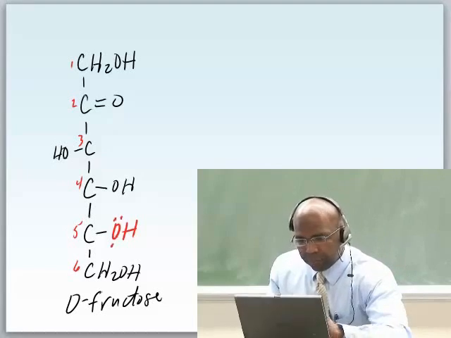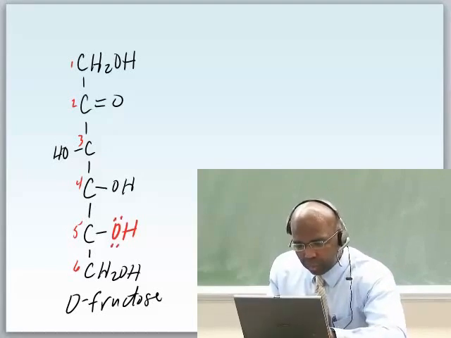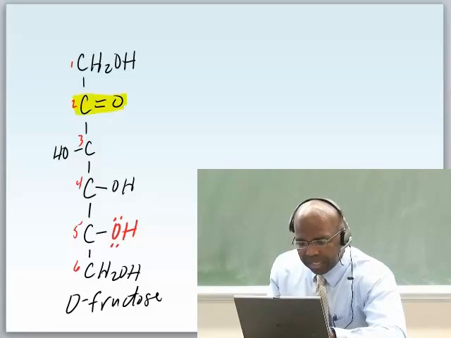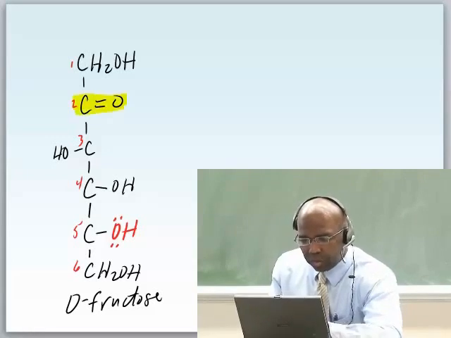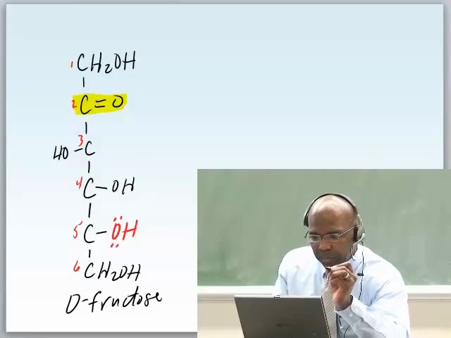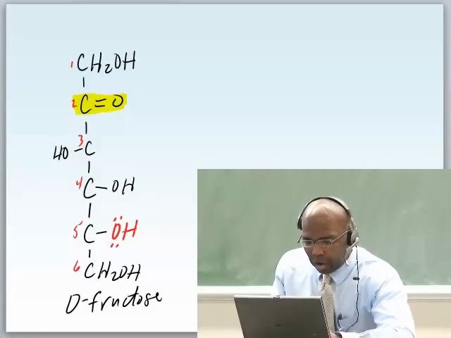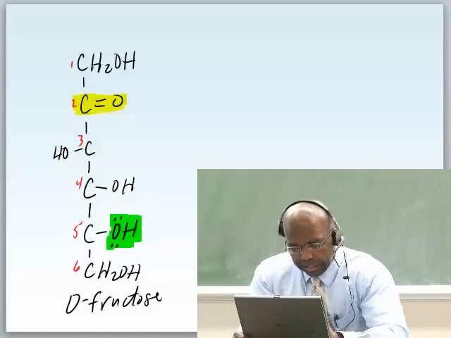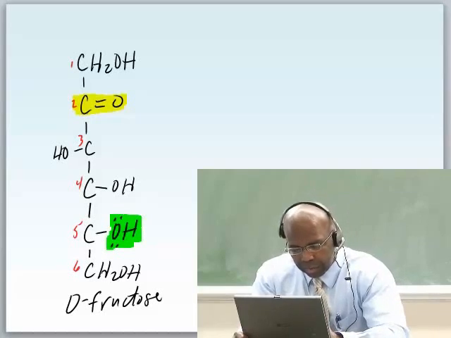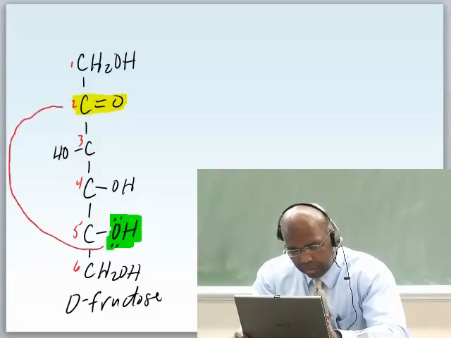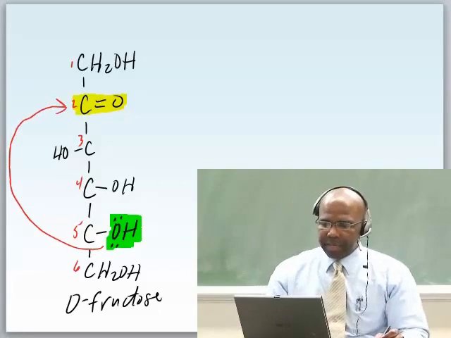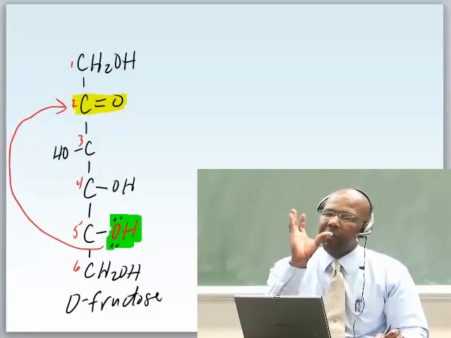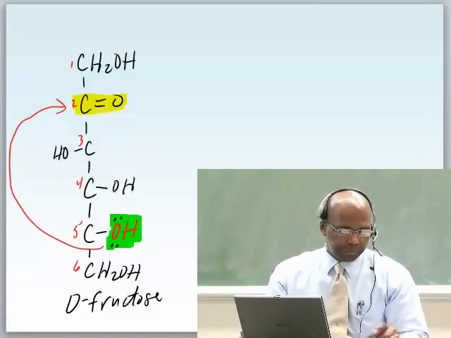Currently I'm going to shade the ketone with yellow, and our alcohol functional group is shaded with green. This is going to close to the back. We're still going to use the 5-hydroxyl, and it's going to go back here and attack the carbonyl, and we're going to make the ring of fructose.